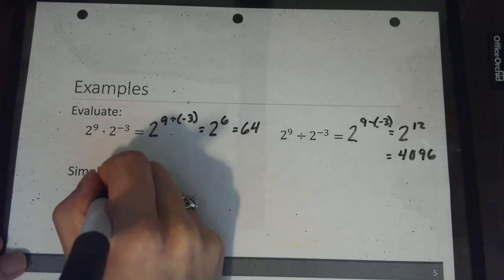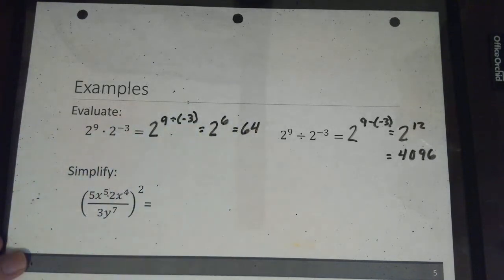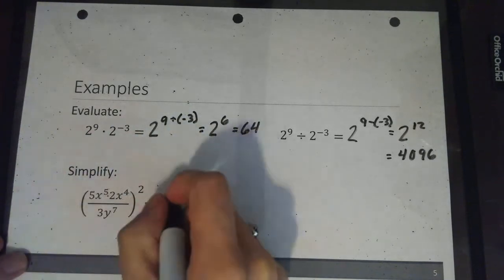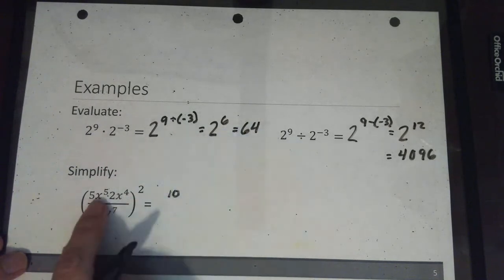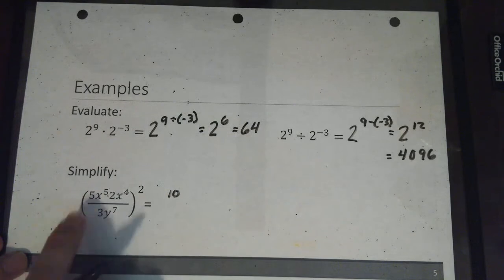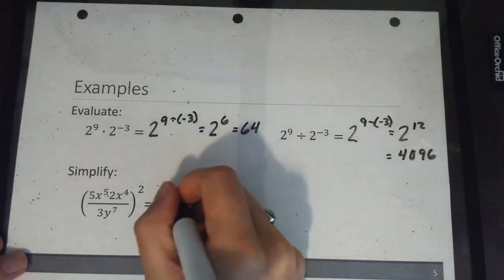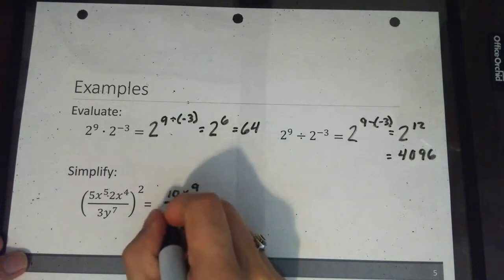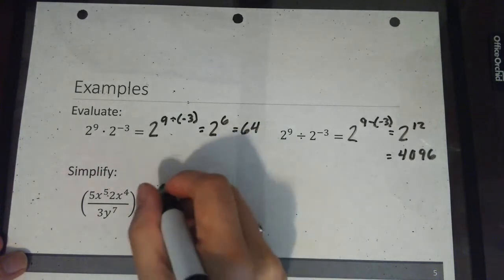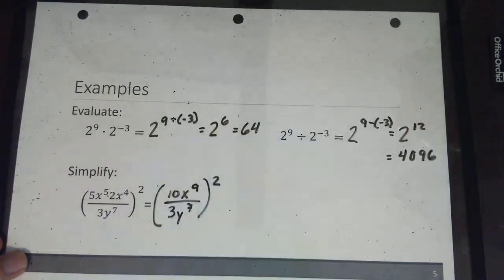Those are assumed to be multiplied by each other. So 5 times 2, that's 10. X to the 5th times x to the 4th, that's a case where we add our exponents. 5 plus 4, that's 9. So I'm looking at 10x to the 9th over 3y to the 7th. And all of that is squared.